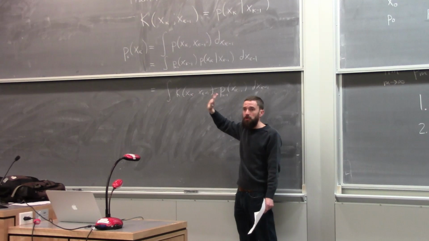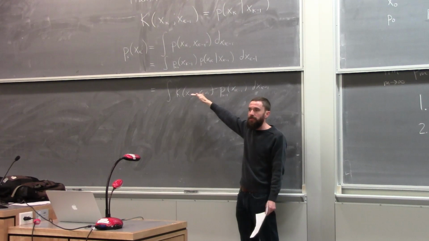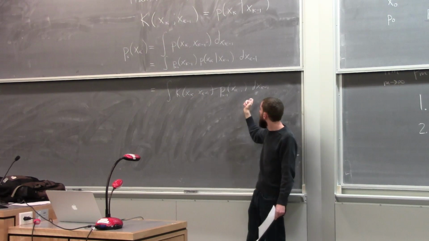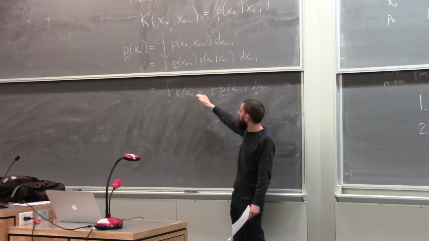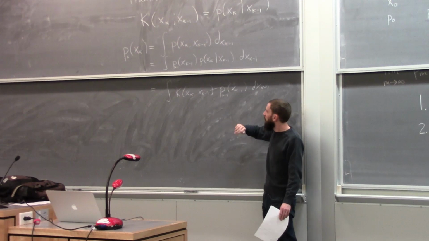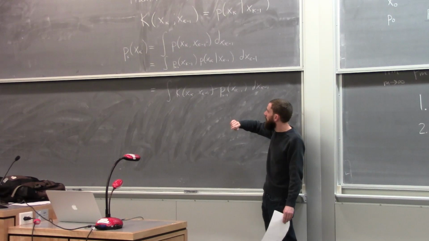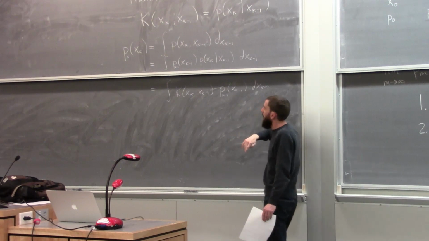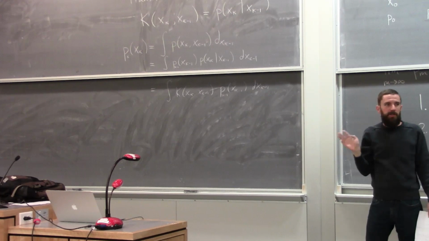First of all, if you know convolution, this is kind of a convolution. So this K is like a kernel that we're convolving against, where K minus 1 is the variable we're convolving over here. And so you can think of this as a convolution by some kind of kernel. And it's also a linear operator, right?